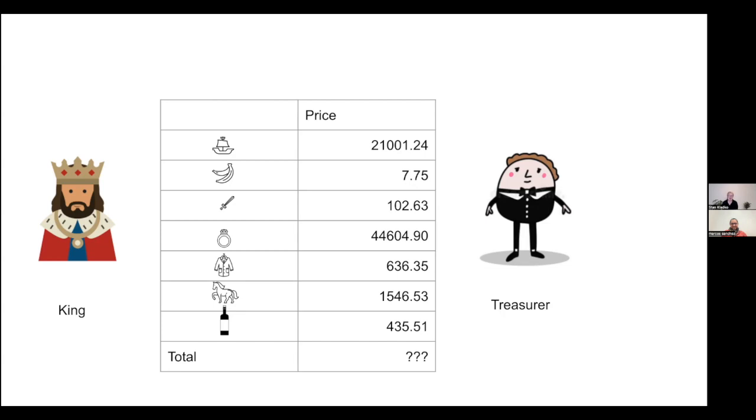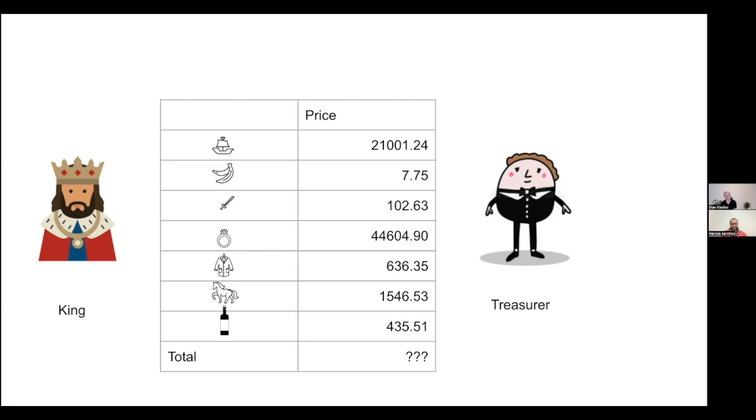And obviously, the king suspects that maybe the treasurer is stealing money, so the king wants to know. So there's a list, the actual list is probably thousands of luxurious items, and this is just a tiny example. So the king bought a sheep, bananas, a sword, a ring for the queen, a dress, a suit probably, a horse, and a wine.